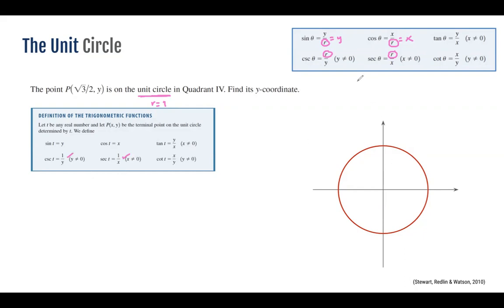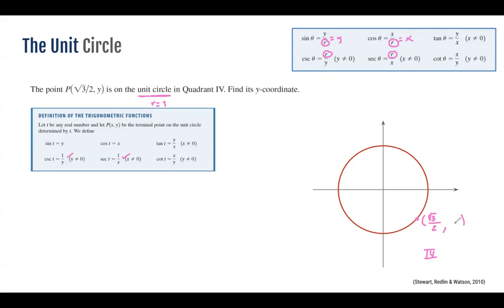Why? Because it makes things easier for us, just working with an r of 1 instead of doing y over whatever r is. Sine is going to be simply equal to y, and cosine equal to x. So in this example, in quadrant number 4, we have a coordinate that reads square root of 3 over 2, comma y.